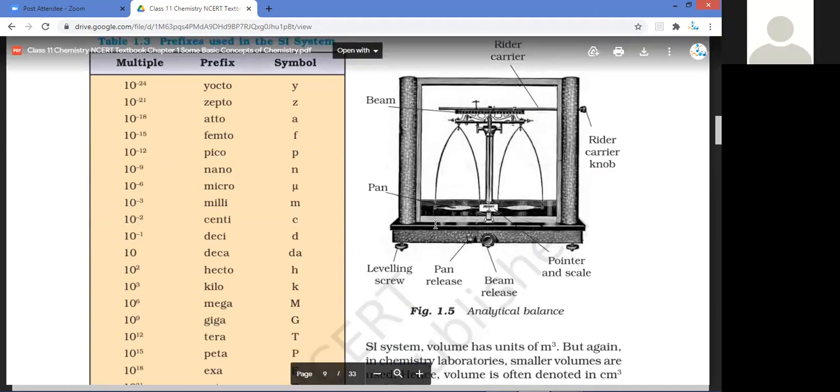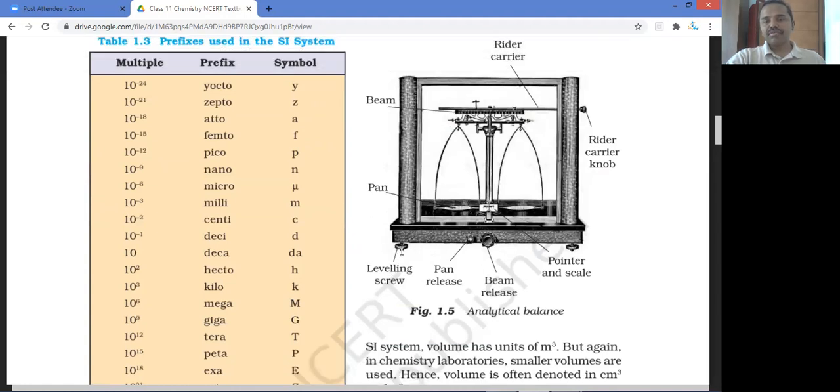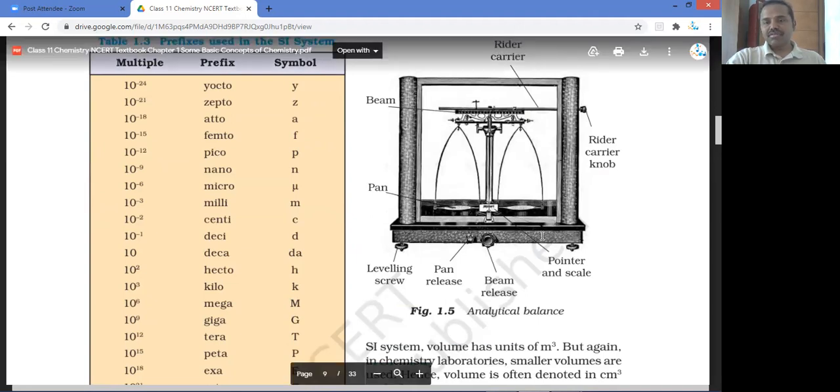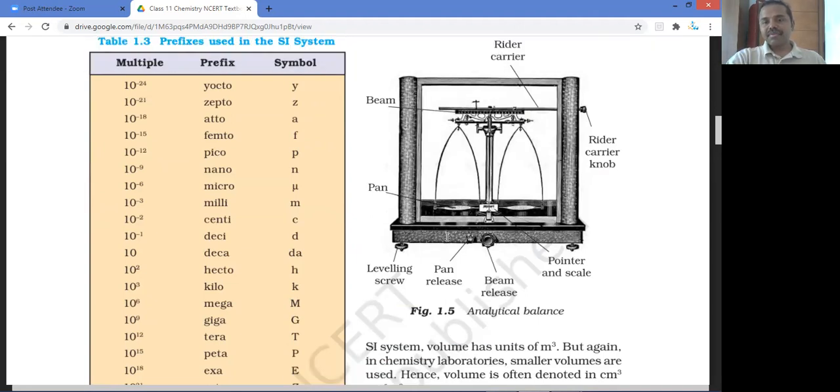In any balance, there is the platform down below. There is a leveling screw, because you have to adjust it so that it's a flat surface. We try to establish a neutral position; without any weights, the balance has to balance.